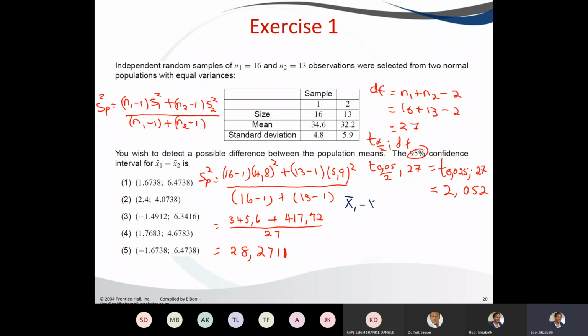Mean 1 minus mean 2, plus or minus t alpha divided by 2 and the degrees of freedom, times the standard error, which is our pooled variance, square root, times 1 over n1 plus 1 over n2. Substituting the values, we know that the mean is 34.6 minus the mean of 32.2.